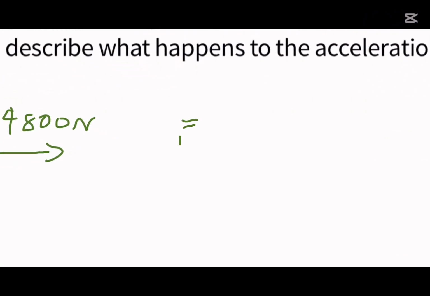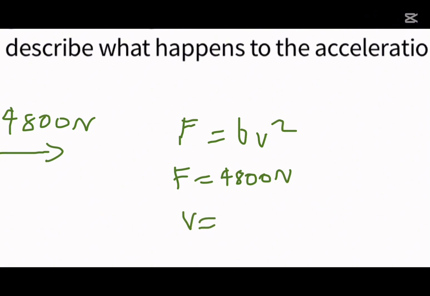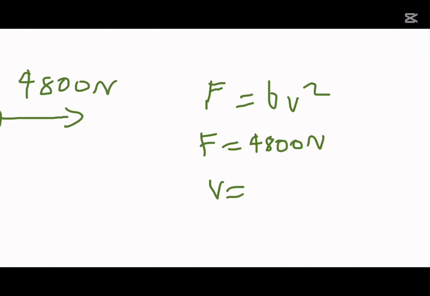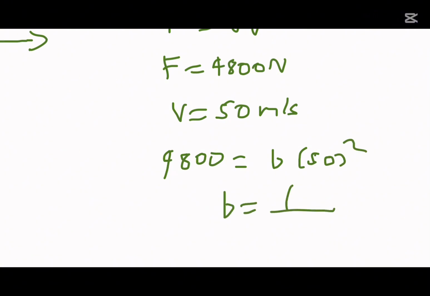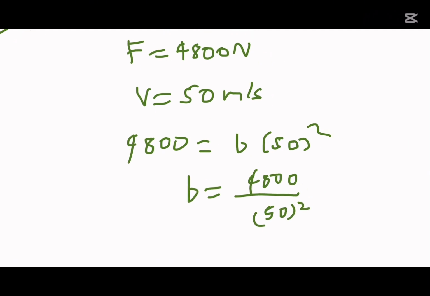So F equals PV squared. Force is 4,800 Newton. Velocity, which is the top speed, is 50 meters per second. If we plug all those values in, P will be 4,800 over 50 squared.